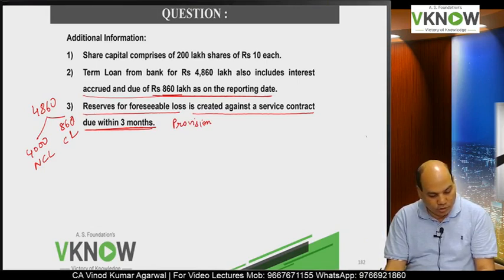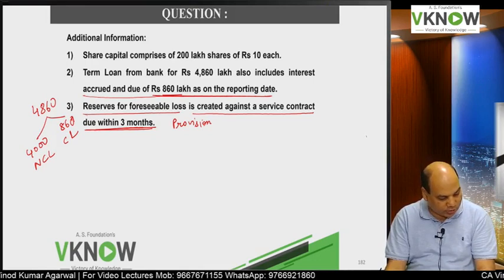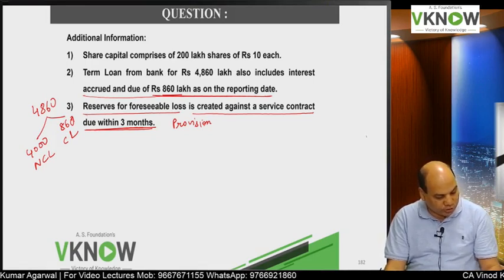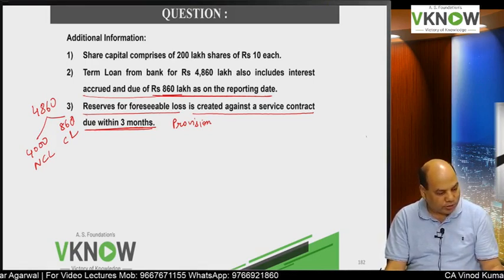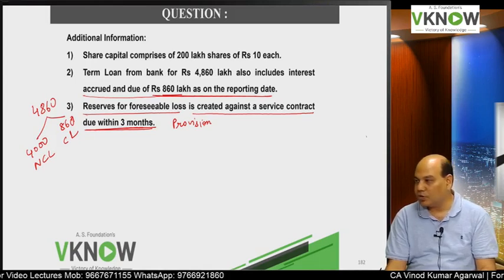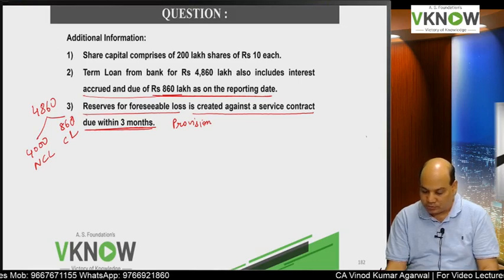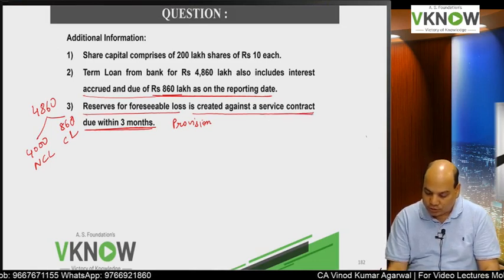In note number 1 in the question, reserve and surplus, last item reserve for foreseeable loss, tick mark, that I will remove from there and put under the head provision. So in the question's balance sheet there is a short-term provision, and in that short-term provision we are going to add this provision for foreseeable loss also. Just by giving it the name reserve does not mean it's a reserve, it's a provision for service contract.